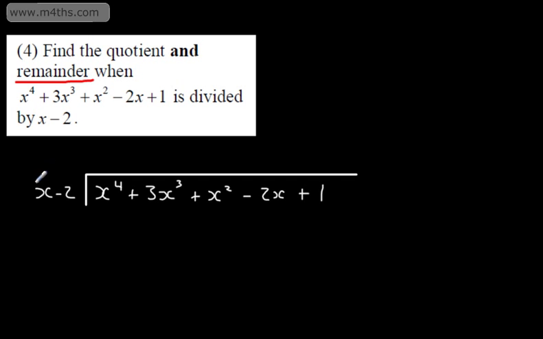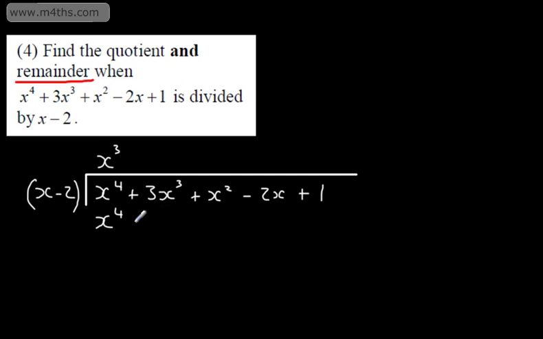So again, I take my linear factor and I say to myself, how many times is x going into x to the 4th? Or, more intuitively, what is x to the 4th divided by x? The answer is x cubed. We start forming our quotient. We multiply down. x cubed by x gives us the x to the 4th, which we were expecting. Remember, these terms should be the same so that when we subtract them it will be 0.